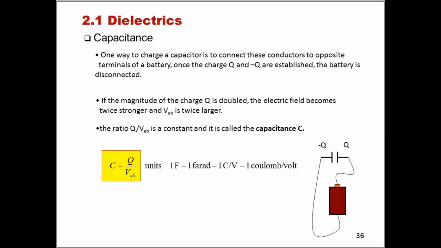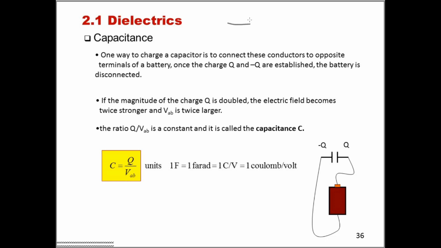So before we look in more detail at dielectric materials and polarization and so on, let us remind ourselves what we mean by capacitance. First of all, let us define what we mean by a capacitor. The simplest one, which we will see in a moment, is the parallel plate capacitor.